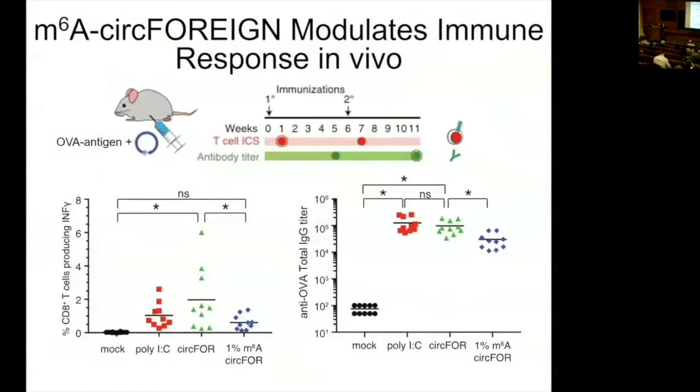And indeed, that's what we see here, where again, in vivo, we model similar results that we saw in vitro, where 1% of M6A introduced in the foreign circular RNA decreases the immunogenicity by about 50%. So we're really excited by these different findings, and we're hoping to find some specific in vivo models to continue and probe CircRNA's therapeutic purposes.